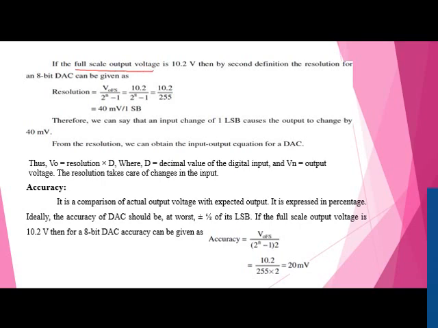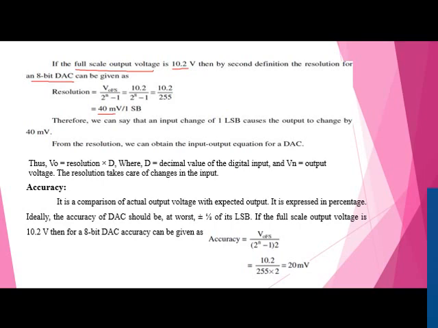Then by the second definition, for an 8-bit DAC, resolution equals full scale output voltage divided by 2 raised to n minus 1. That is 10.2 volt divided by 2 raised to 8 minus 1, which is 255, so the resolution is 40 millivolt per 1 LS bit.